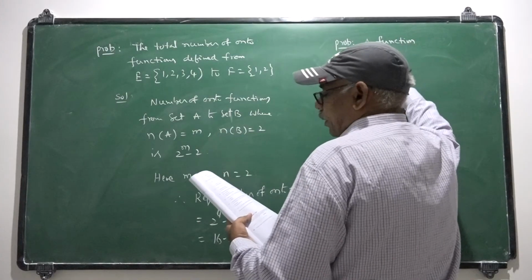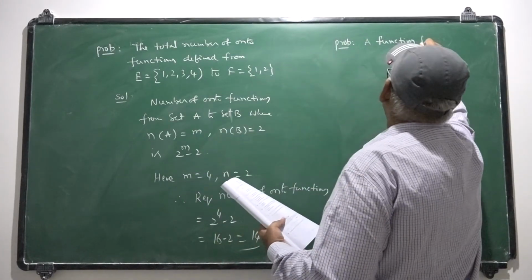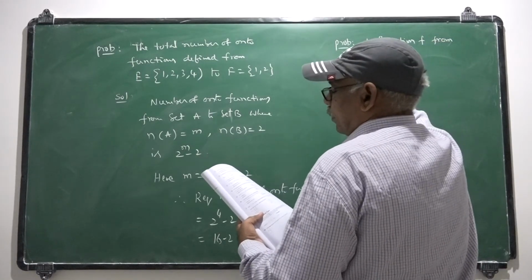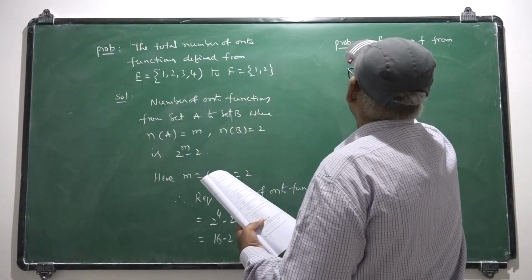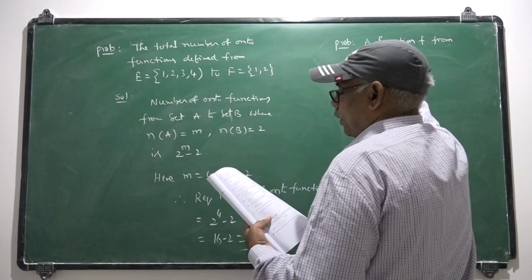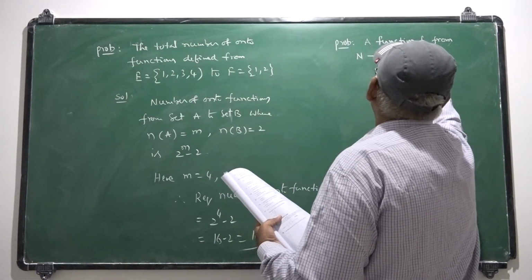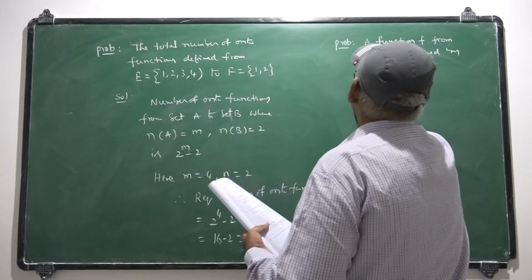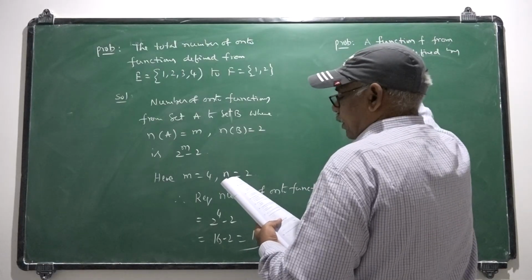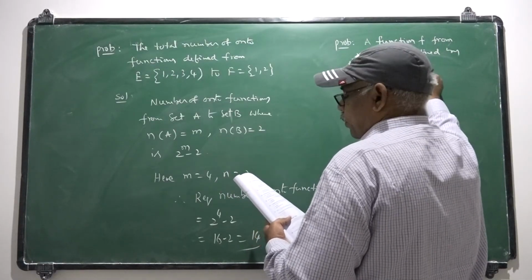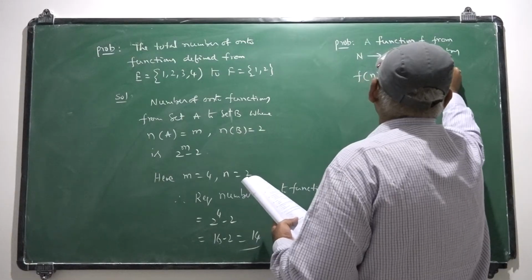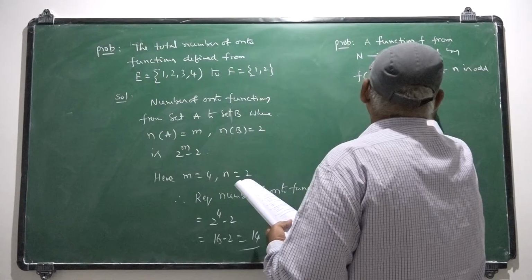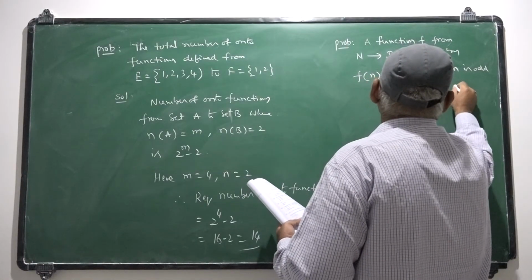A function f from the set of natural numbers to integers defined by f of n is n minus 1 by 2 if n is odd, minus n by 2 if n is even.